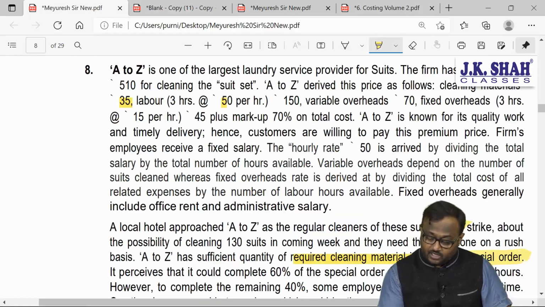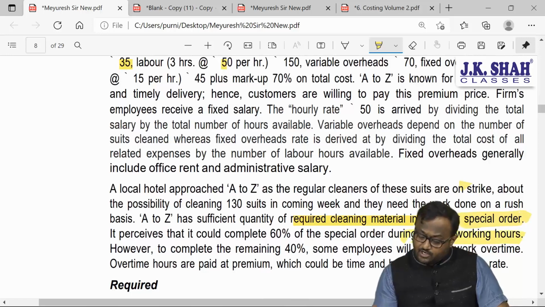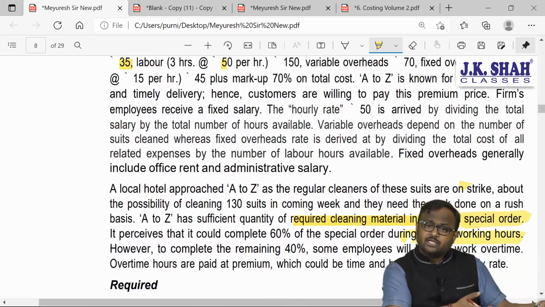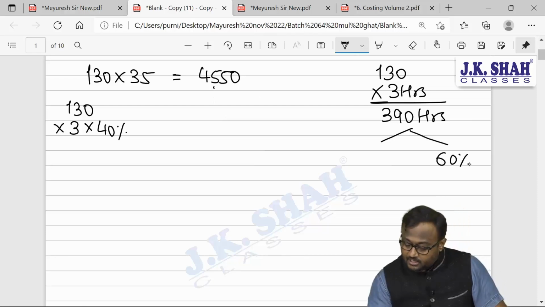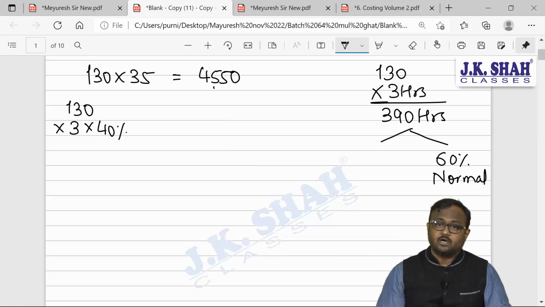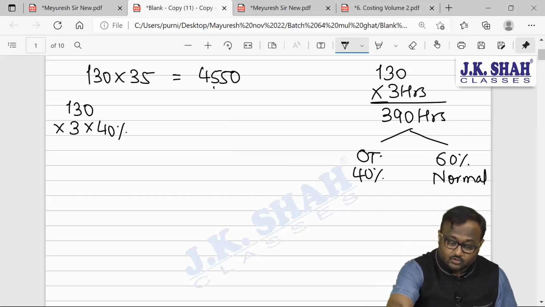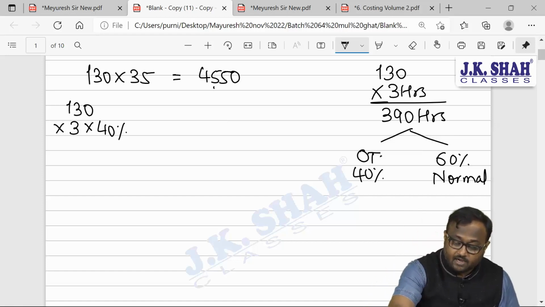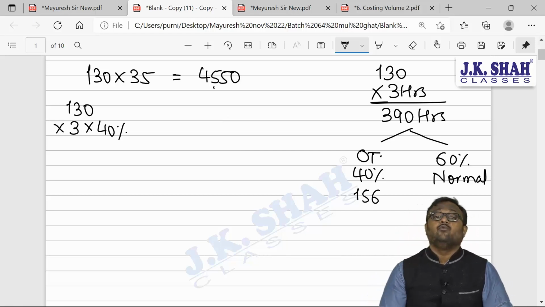The question says out of 390 hours, 60% is during normal time, which I have already considered in the cost calculation. So 60% is normal, which is already considered in the 50 rupees per hour calculation. The balance is OT, which is 40%. So 390 multiplied by 40%, 156 hours will be worked extra.